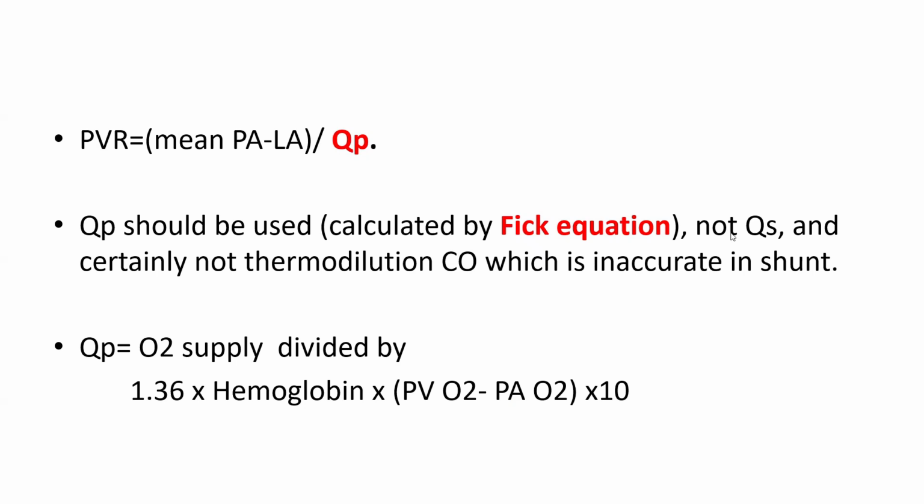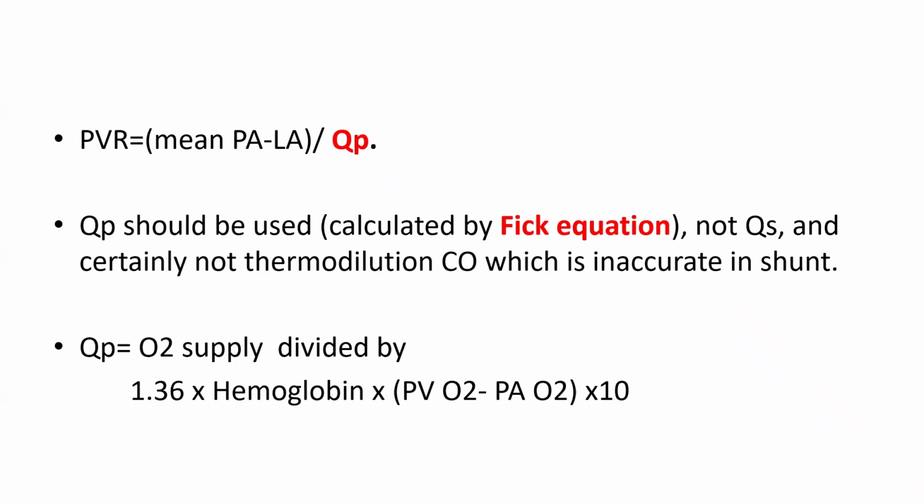Do not use QS, and certainly do not use the thermodilution cardiac output, which is inaccurate in shunt. And you calculate QP using this equation, O2 uptake divided by this. The ideal way of calculating a Fick is to do the true Fick, meaning measure true O2 consumption by making the patient wear a hood and measure the actual O2 consumption.